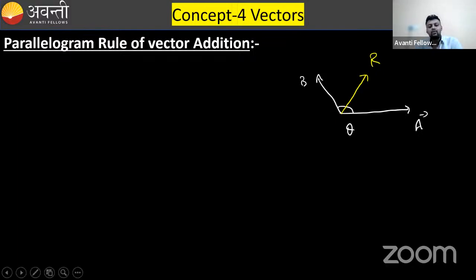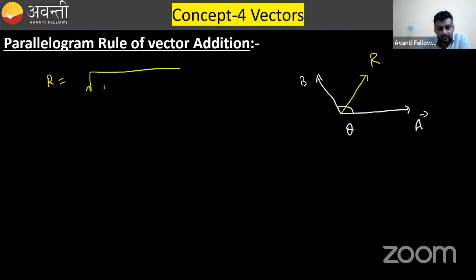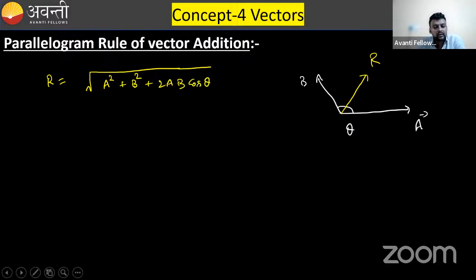According to the parallelogram rule, R is equal to, anyone who remembers the relation? Root of A² + B² + 2AB cos theta. Clear?